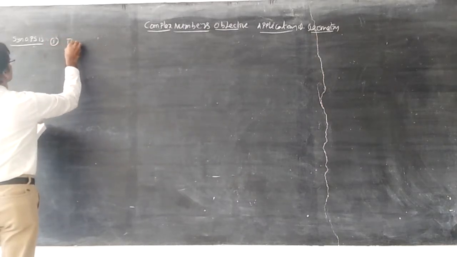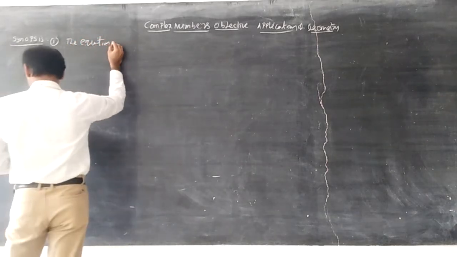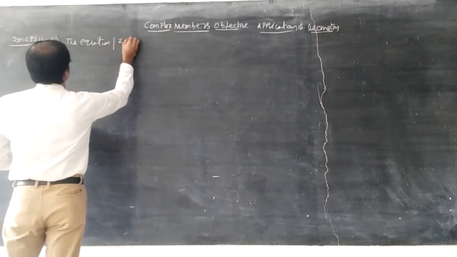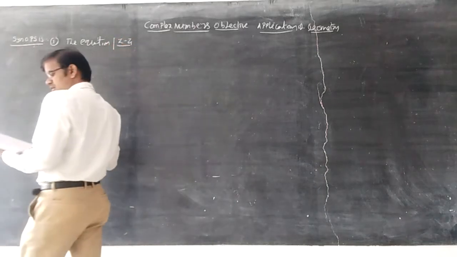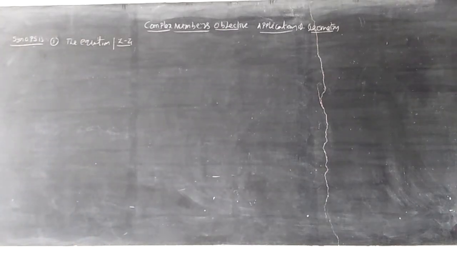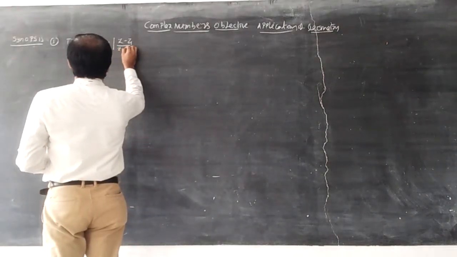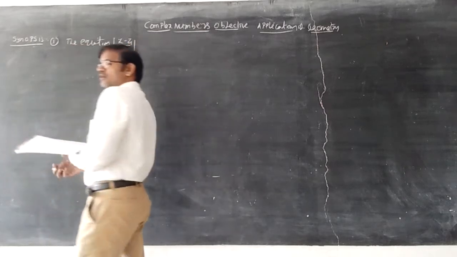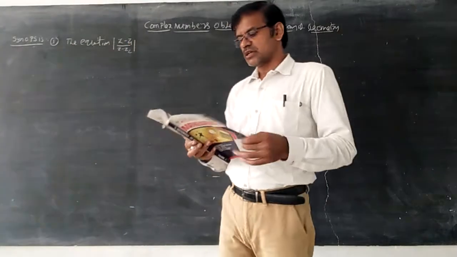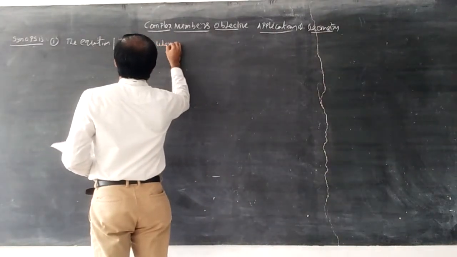The equation modulus of z minus z1 by z minus z2 is equal to k, where k not equal to 1.